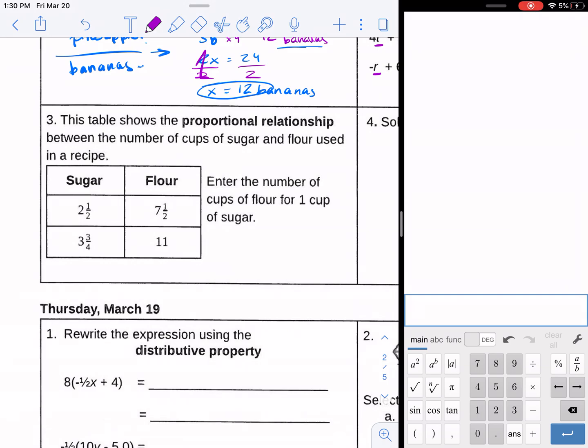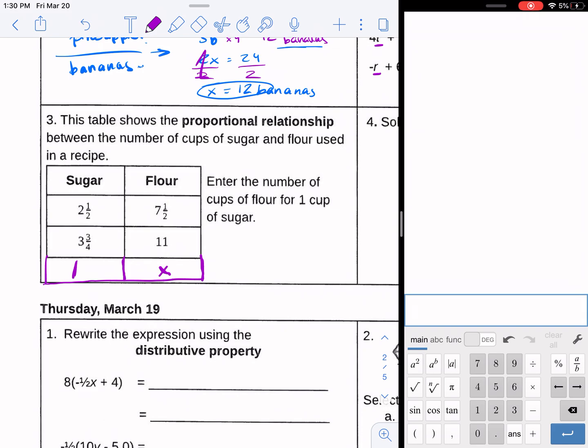So I'm gonna make my own little part of the table right here. And it says that it wants 1 cup of sugar, and I have some unknown value of flour.